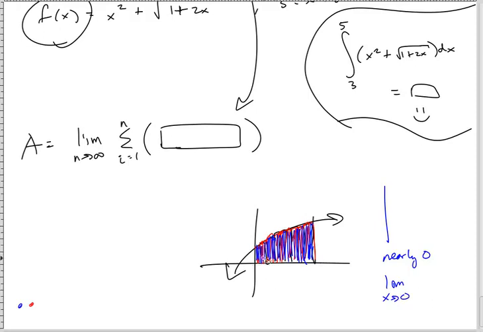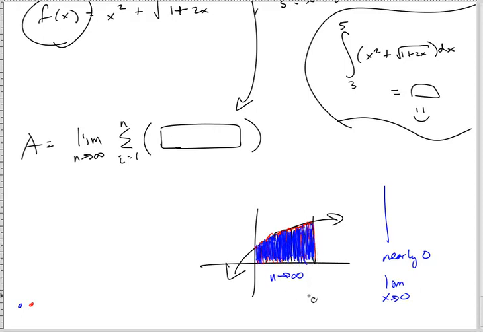How many rectangles, how many lines do we have to use in order to fill this up? I'm going to say you basically have an infinite amount of lines to be able to fill this up. I mean, my lines will definitely start filling things up, but look, I'm drawing so many and I'm not close yet. I'll sit here all day trying to fill it all in with lines. Eventually I will, I guess, maybe.